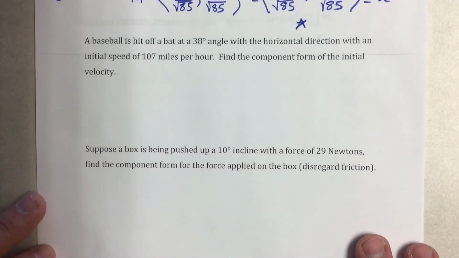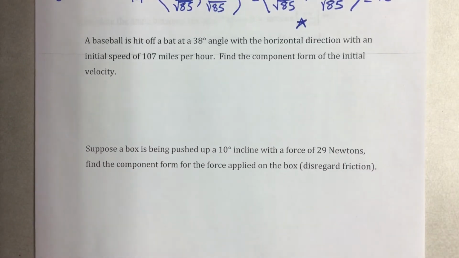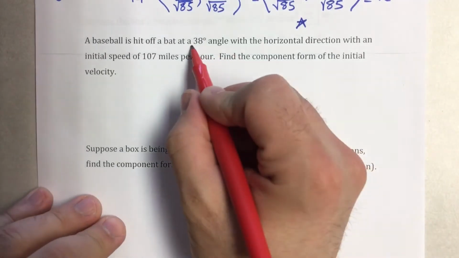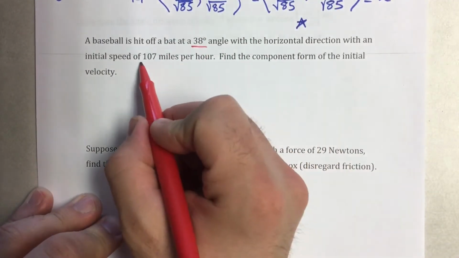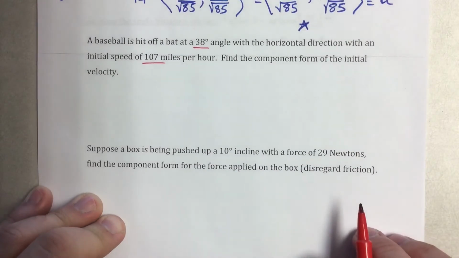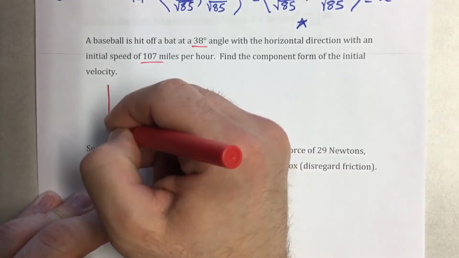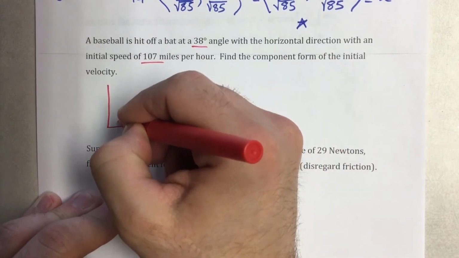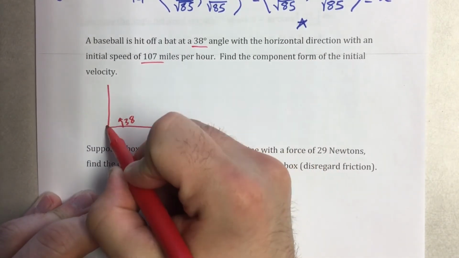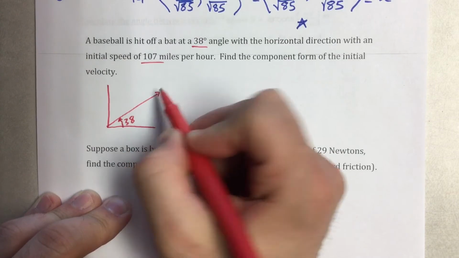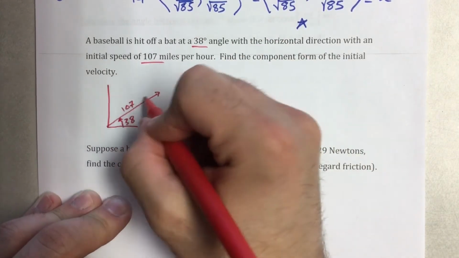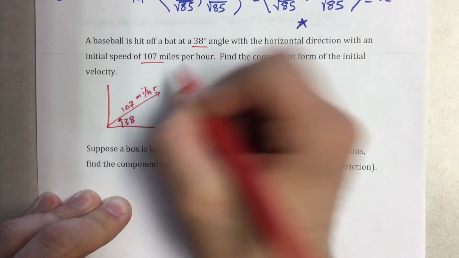But moving on to something that's a lot easier. A baseball is hit off a bat at a 38-degree angle. So we have our direction angle with an initial speed of 107. So there's our magnitude. Find the component form. Well, to give us a visual, a 38-degree angle, it leaves the bat at 107 miles per hour.